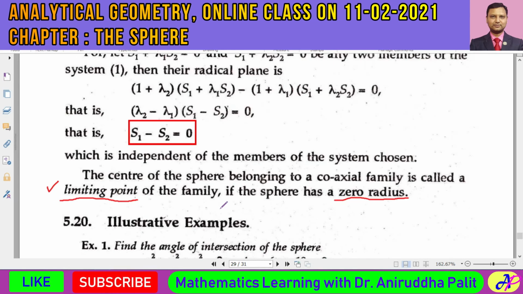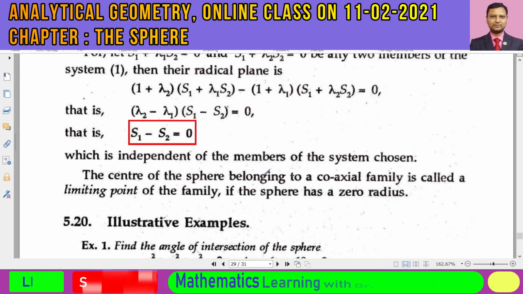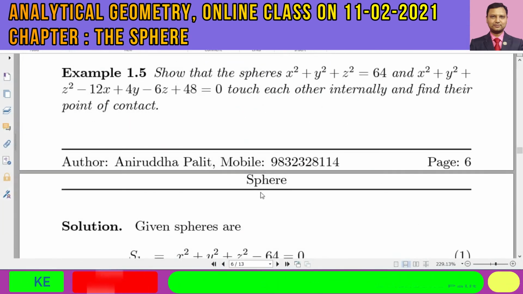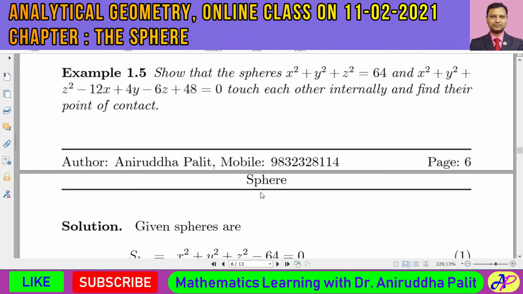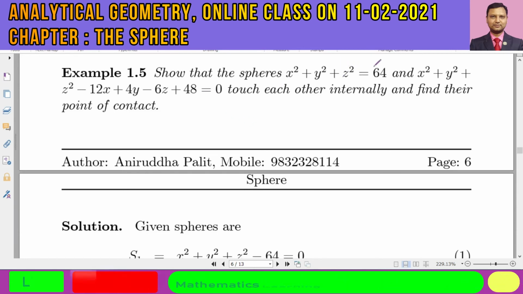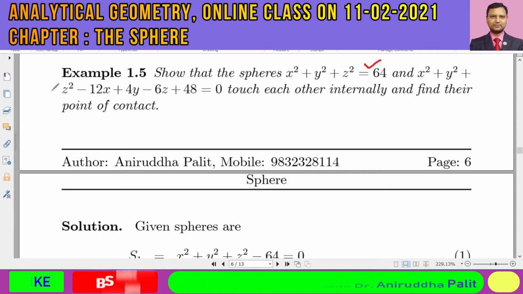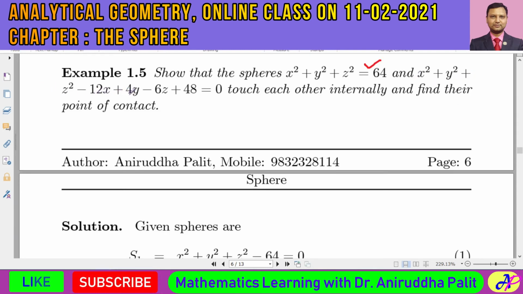Now over here, let me discuss two examples. Let us consider this example. It says to show that the spheres x square plus y square plus z square is equal to 64, and x square plus y square plus z square minus 12x plus 4y minus 6z plus 48 is equal to 0 touch each other internally.